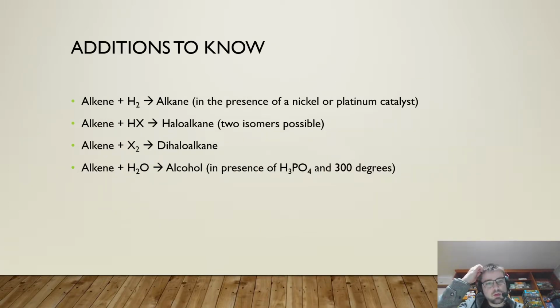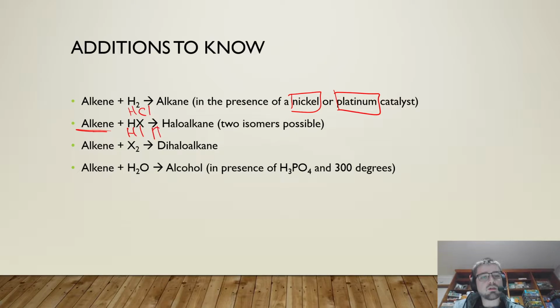So there's a few that you need to be aware of. You need to know that if we take an alkene and we add hydrogen with nickel or platinum present, you'll get an alkane. If we take an alkene and we add hydrogen halide, like HCl or HI or HF or whatever, we'll form two different isomers of the haloalkane.